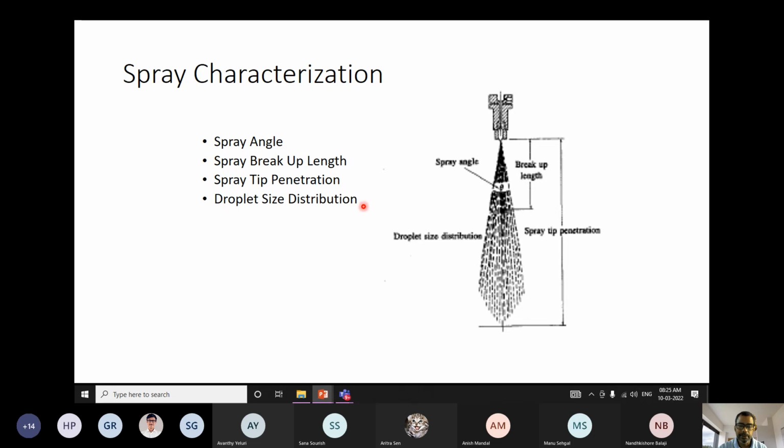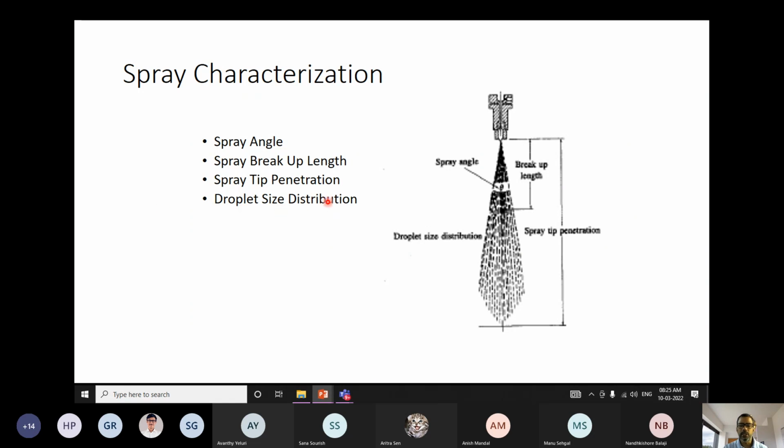How about the droplet size distributions? If you want to get the droplet size distributions also, then we need another, sophisticated piece of equipment that is called phase Doppler particle analysis, PDPA. It is a laser based equipment, and based on that it measures the droplet size, droplet size distributions, velocity distributions, all sorts of parameters.